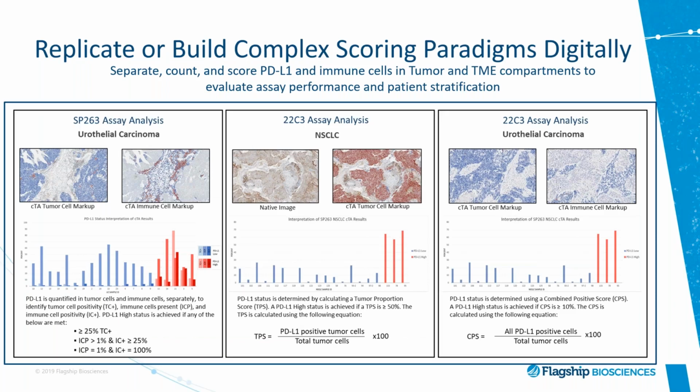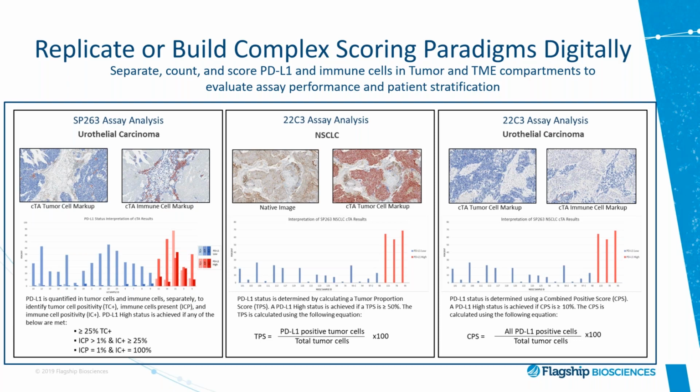However, it's important to reproduce or build complex scoring paradigms digitally. And this slide will just illustrate the point that using our technology, we can reproduce pretty much any scoring paradigm, like SP263, 22C3, for either NSCLC or urothelial carcinoma.